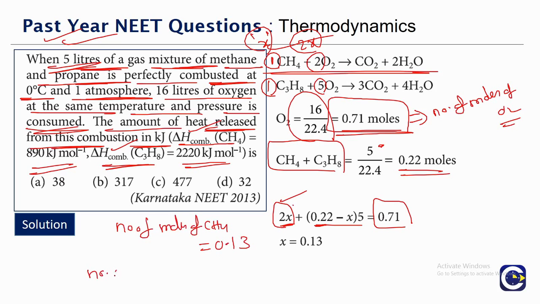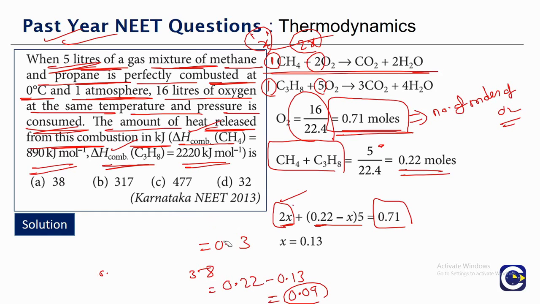Similarly, the number of moles of propane is 0.22 minus x, which means 0.22 minus 0.13, which is 0.09. Add them: 0.13 plus 0.09 will be 0.22.